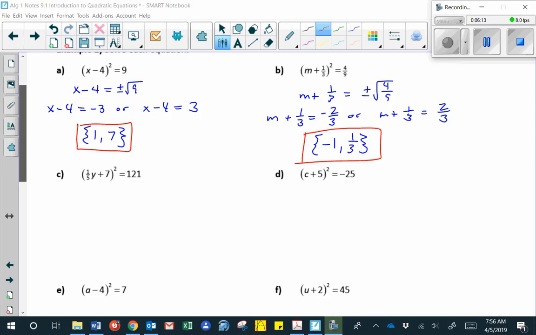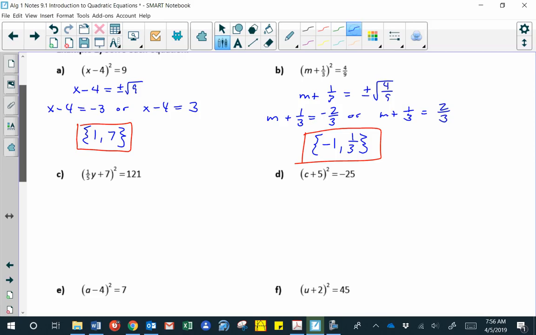In example 2c, we'll employ a similar method. Unsquare both sides. And so two equations: 1/5 y plus 7 is equal to negative 11, or 1/5 y plus 7 is equal to positive 11.